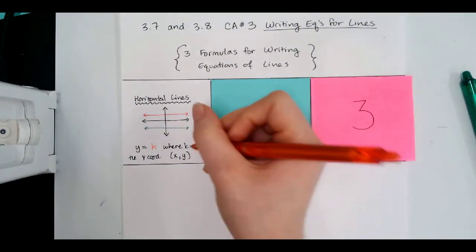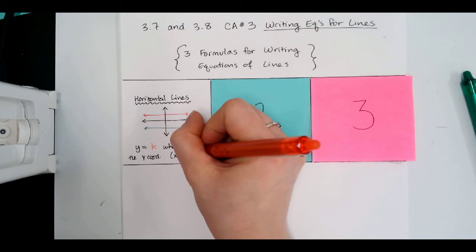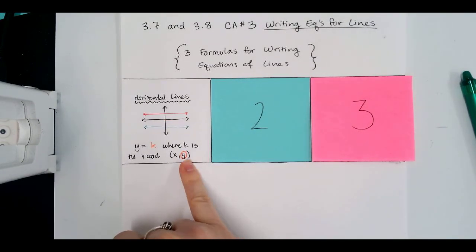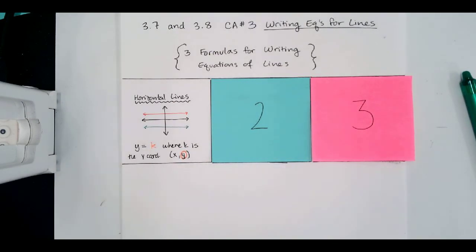So we'd take that y value, and that would be what we'd use for k. A very simple, straightforward equation. You put y equals whatever number it is from a coordinate point you pick on your line. We'll take a look at these with examples, but for now we're just doing the intro. Okay, so that was the first kind of line, horizontal lines.